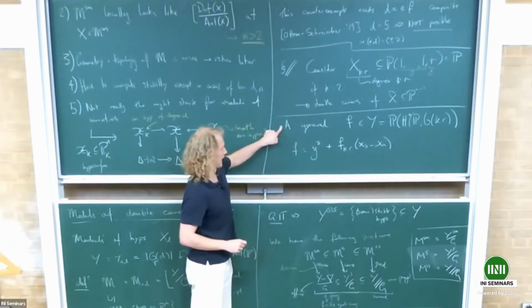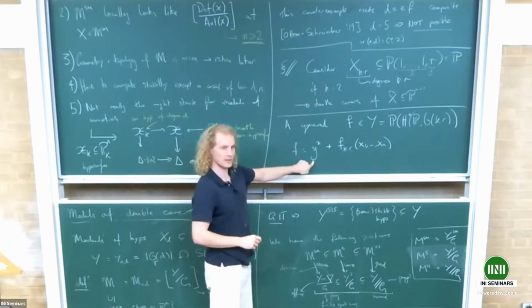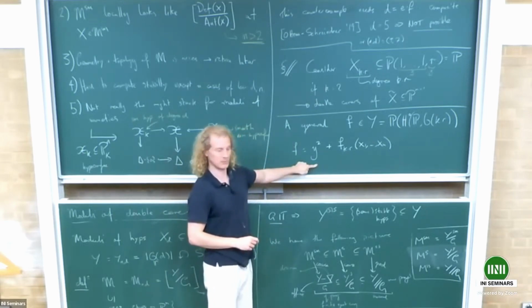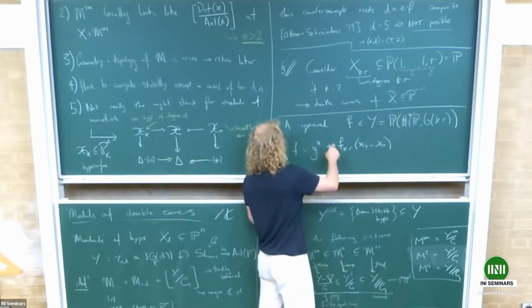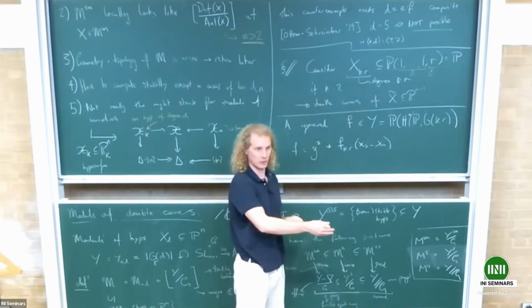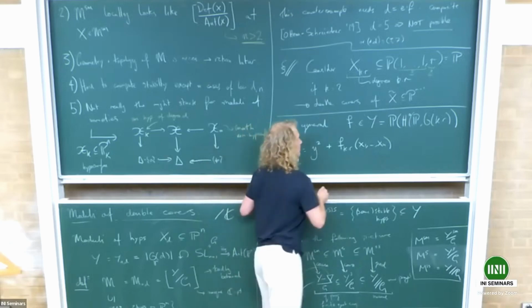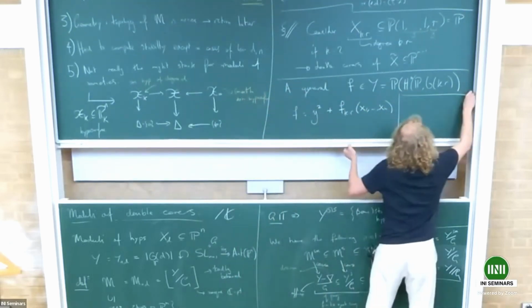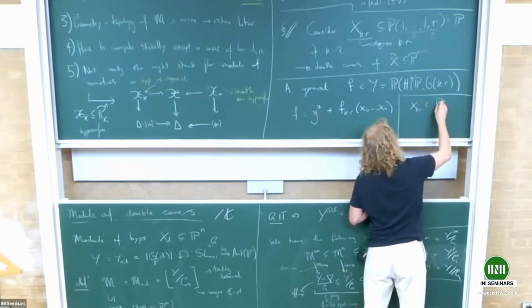A general element F, up to a change of coordinates, which we'll explore later, can be written in this form. If you take the projection onto the first coordinates, then you understand a general hypersurface here as a double cover of P^{n-1} branched over a degree KR hypersurface. So the picture being, I have my X_{kr} here inside P^{n-1}.